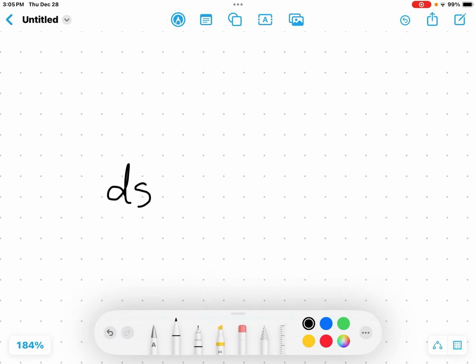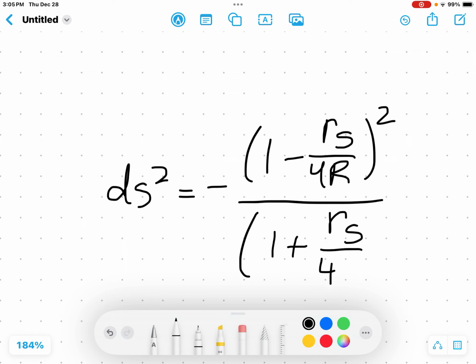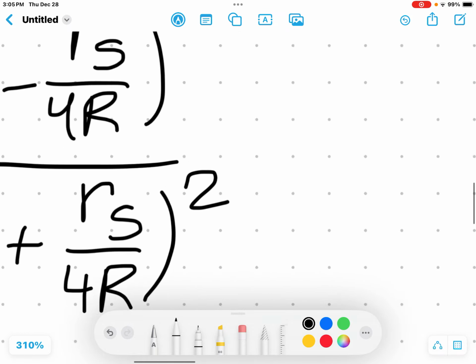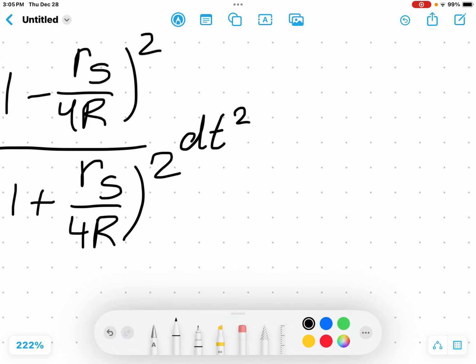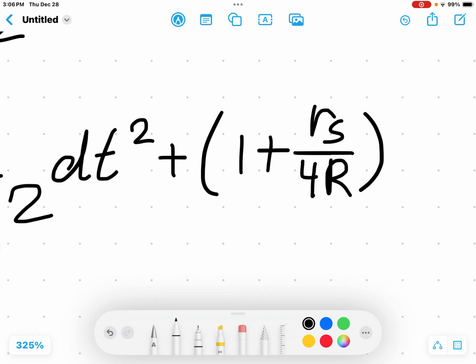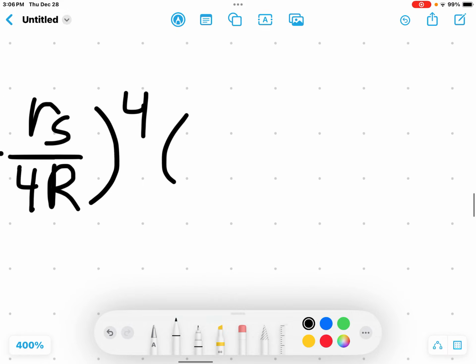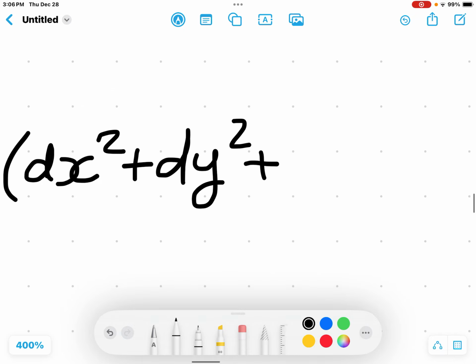So this is my line element. ds squared is minus 1 minus rs over 4R, squared, over 1 plus rs over 4R, squared, dt squared, plus 1 plus rs over 4R to the fourth, and then this is just dx squared plus dy squared plus dz squared.